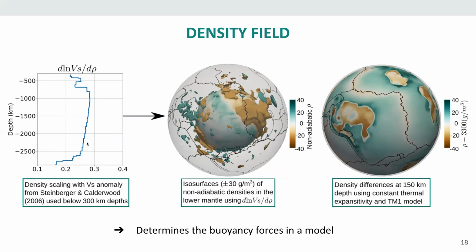Using this density scaling, I get the equivalent density field. So regions which have plumes are the regions that are less dense, and the slabs are denser. And near the surface, in the top 200 kilometers, I use a different density contrast. I use a constant thermal expansivity and then compute the densities based on the temperature perturbations.